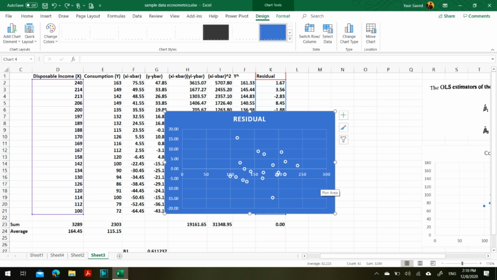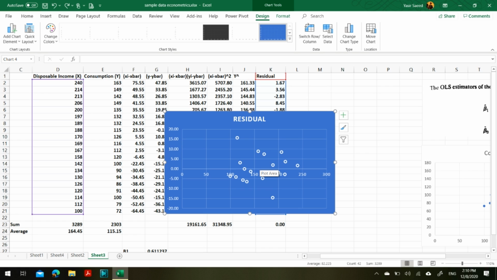Now there is another interesting thing that we need to look at in the residual scatter plot, that is how is its behavior when we increase the value of x. So apparently we see that they are equally distant from the midline, that is the 0 line.